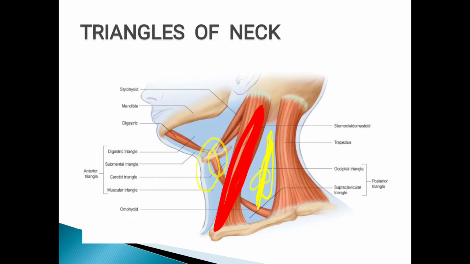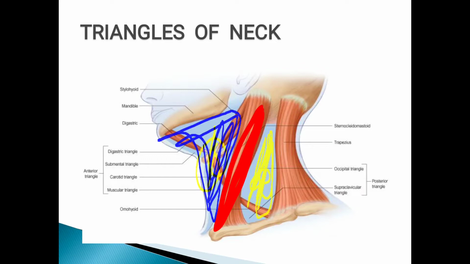This area, marked with yellow, is the posterior triangle, and this whole area, marked with blue, is the anterior triangle.